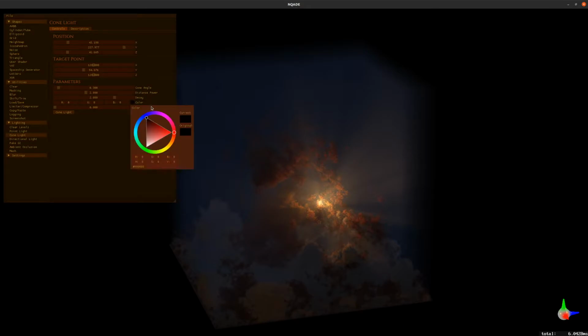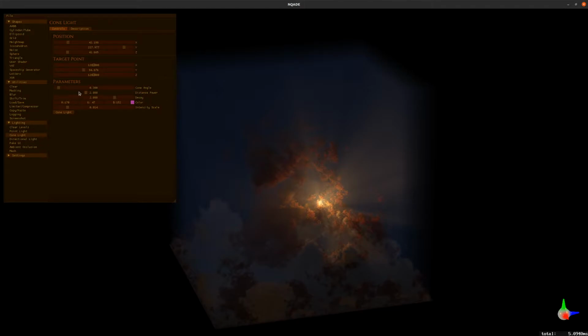And then I tell it I want pink, something like a medium pink. Do this. And this is the cone angle of 0.3. This is in radians.